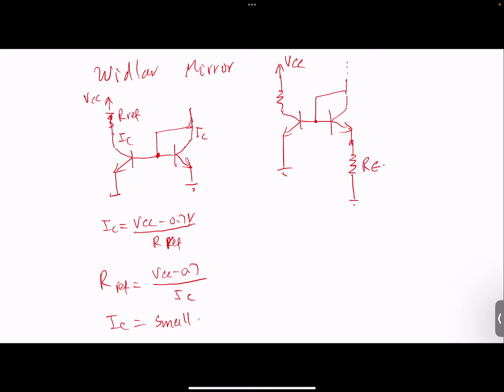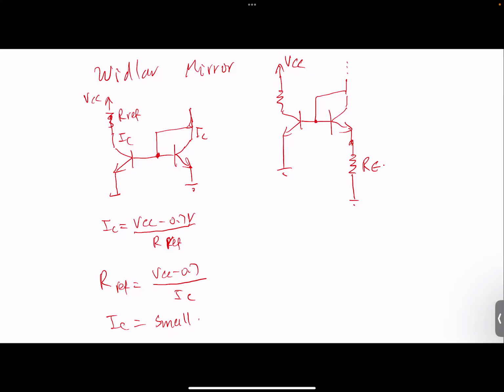So you might already look at the circuit. The only difference between these two is RE over here. But adding that RE makes a huge difference in the current mirror, because it's no longer a current mirror.